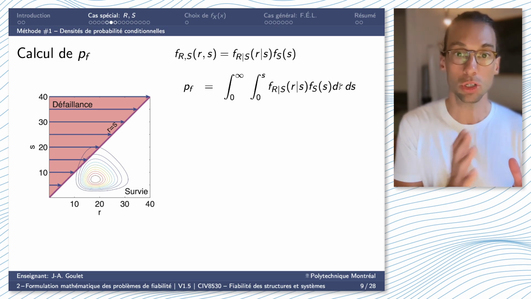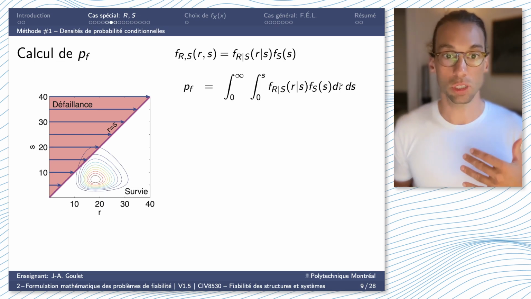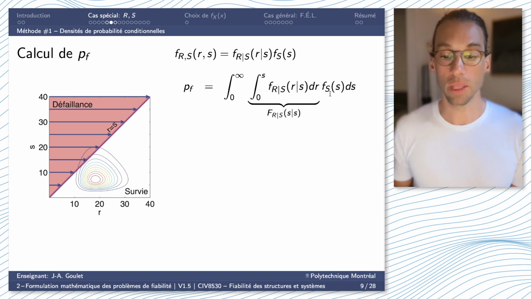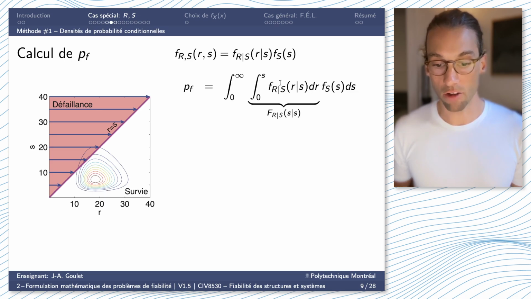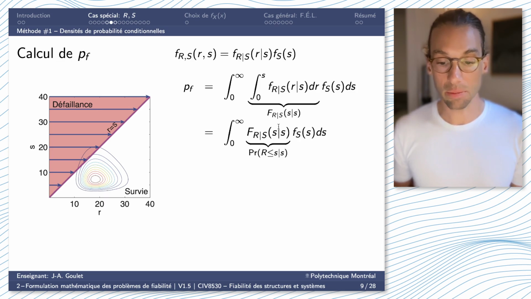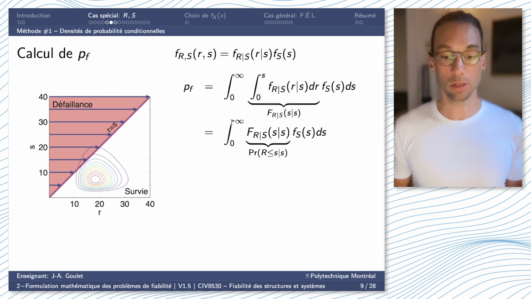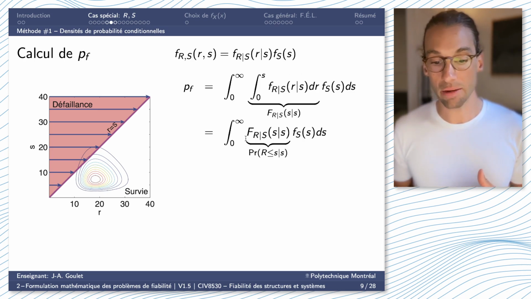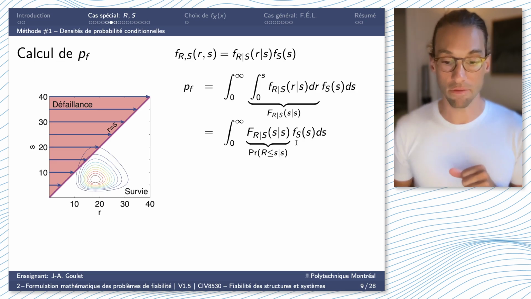So I can push that PDF of solicitation inside my integral. And what I find is that the integral with respect to R of my conditional PDF is actually my CDF evaluated at my solicitation S. So I can simplify this into a one-dimensional integral where the inside integral is directly a CDF that I can directly evaluate.